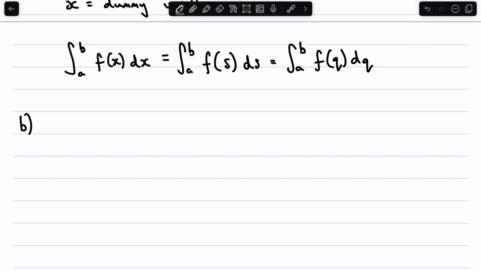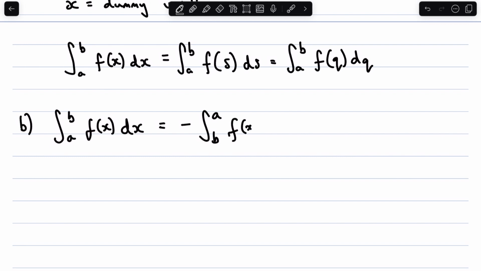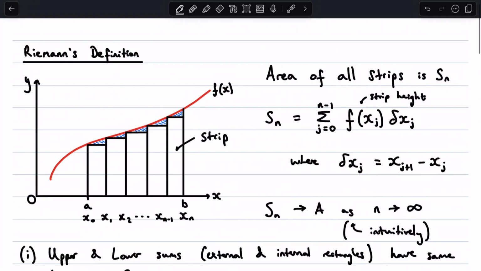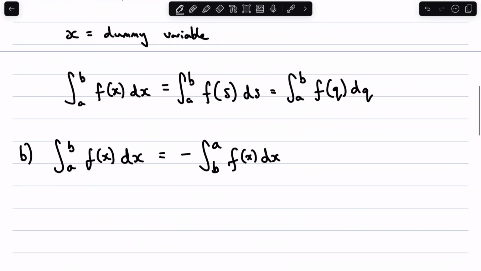We also define that an integral between a and b of our integrand f of x dx is minus the integral from b to a of f of x dx. And the way you can think about this is you're basically reversing the strip summation and working backwards on it, and it will be a negative area in the sense that you're just working from b down to a, and that will get a negative integral, and we define it in this way.